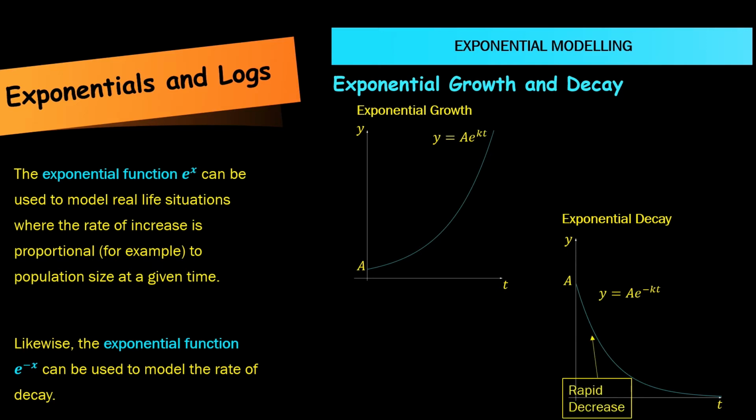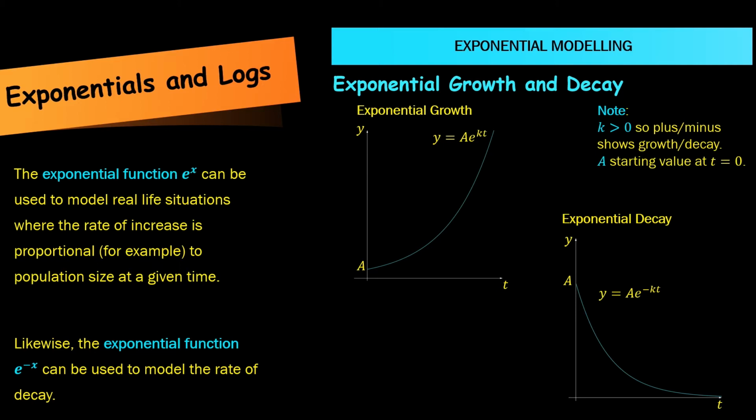We begin with rapid decrease and then a slow decrease. Do note that k is greater than 0, so plus or minus shows growth and decay respectively. A is the starting value at t equals 0, and t is used for time.